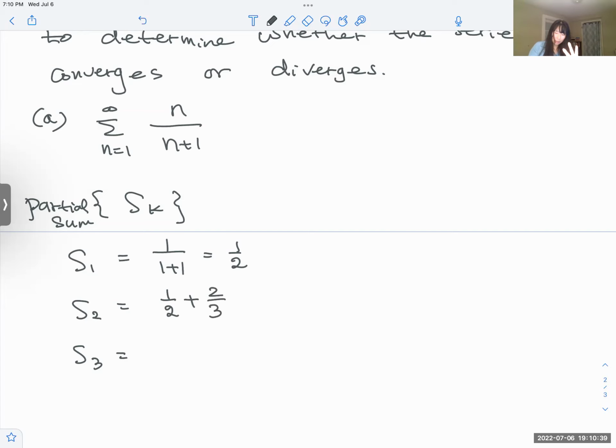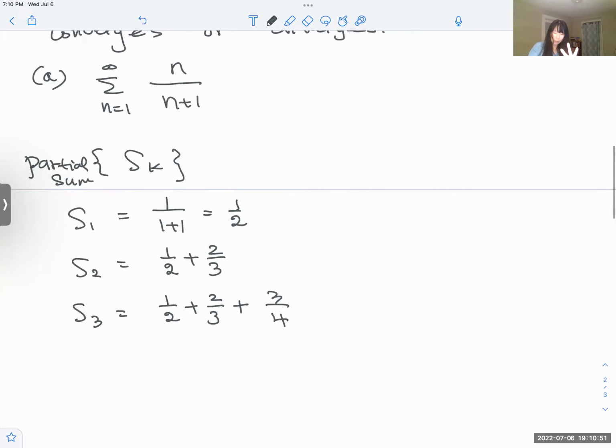Then what's this number? Let me just write down this number because we don't know, right? Then n equal to 3, then 3 over 4. Okay. Then S sub 4, we don't know the number, so let me write down. Then we're doing 4, so 4 over 5, right?